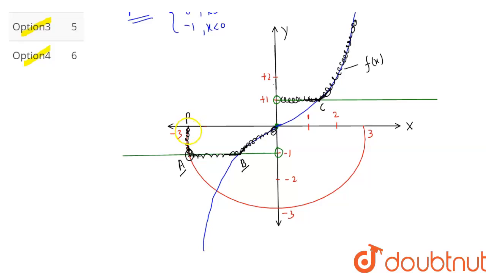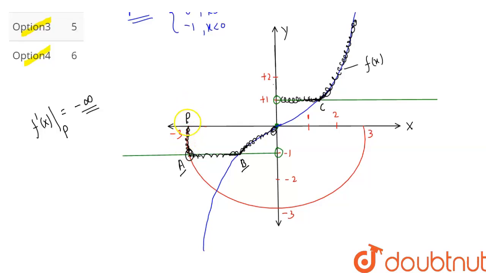Why? Because this is a sharp point, and here the unique tangent or unique slope will not be defined. If we calculate the slope at this point P, it comes out to be minus infinity. So if we calculate f dash x at the point P, we get minus infinity as the slope.